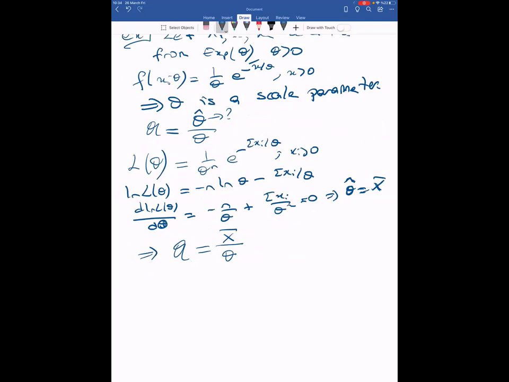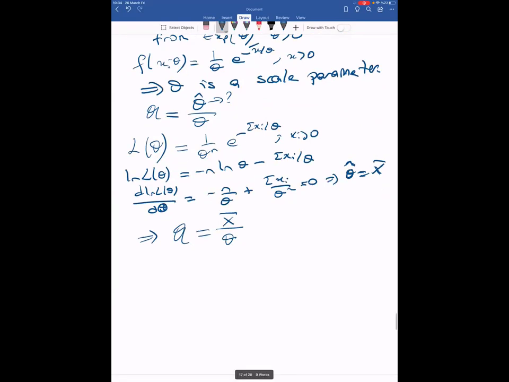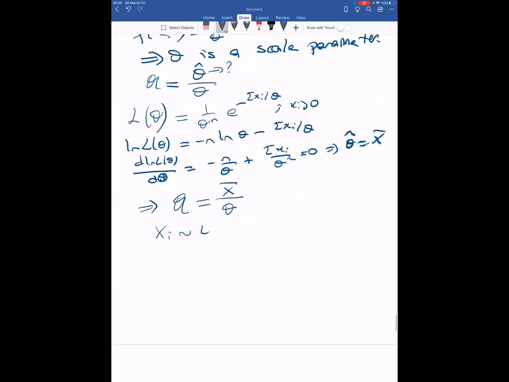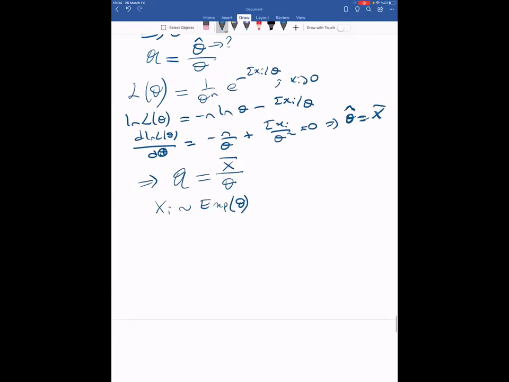Okay, so at this point you have to know the distributions and their relations very well. Here our xi's are exponential distributed, right? Then this is actually one form of gamma distribution, remember, with parameters 1 and theta. So the summation of xi's will be then what? Gamma, right?